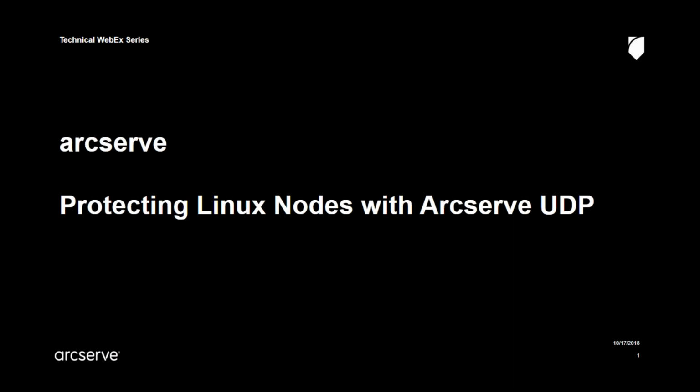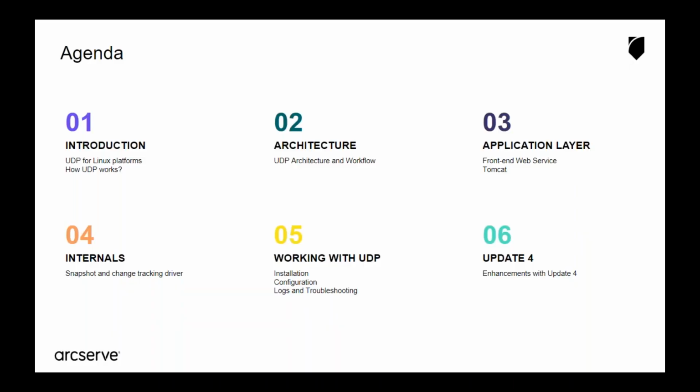To start off with, the agenda for this presentation would be on how UDP works on the Linux platforms, what is the architecture of UDP, what are the front-end web services we use, a little on the internals of the Arcserve UDP for Linux, and then we'll quickly see how UDP works.